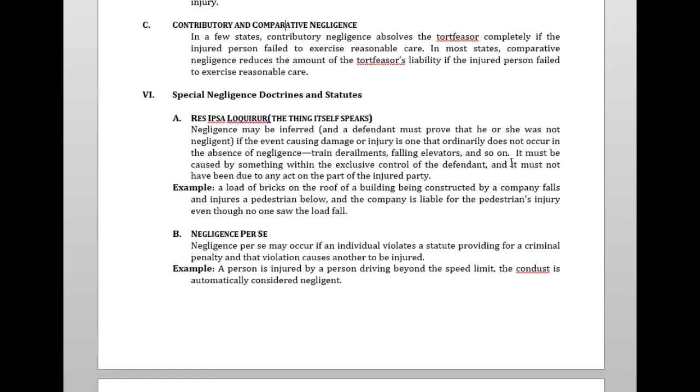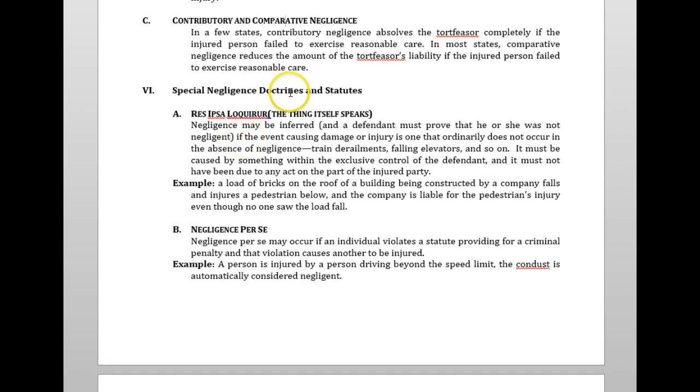And then we have these special negligence doctrines and statutes, and they're kind of interesting. Res ipsa loquitur. That's when the thing speaks for itself.